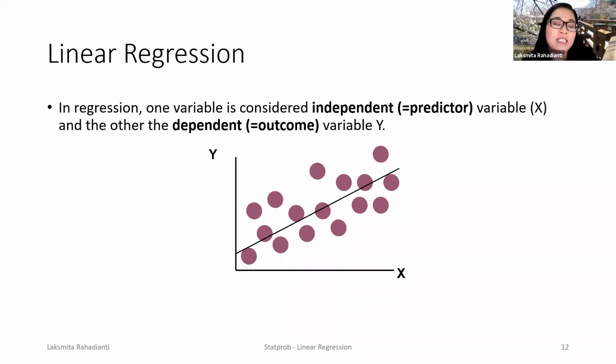And the other one is the dependent or the outcome variable Y, or in other words, if I have an X at this value, what happens to my Y? And this would make Y a function of X.